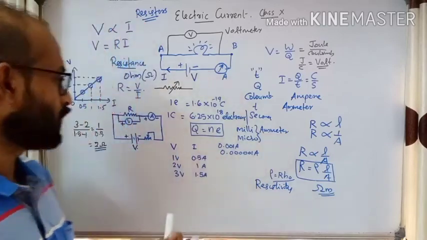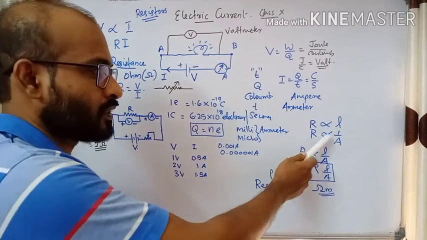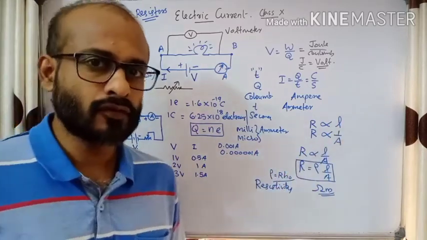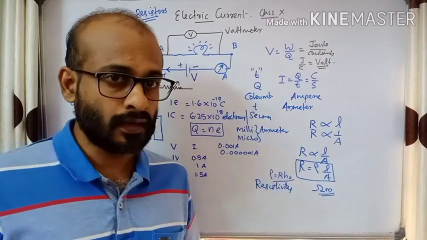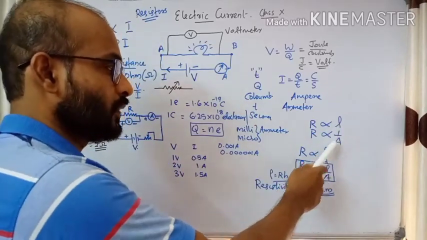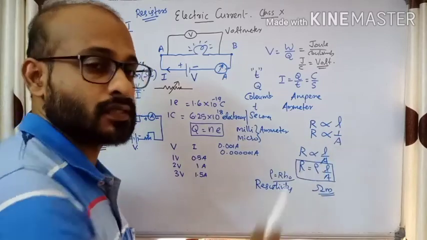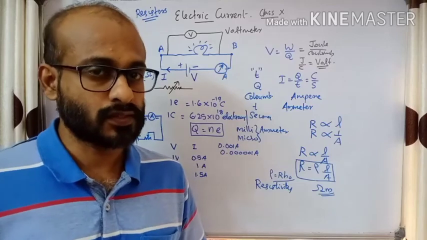In each case, repeat the experiment and find the resistance. Then you will understand it is inversely proportional to area of cross section. So the resistivity depends only on the material, but resistance depends on length, area of cross section, material, as well as temperature. So that's the concept called resistivity.